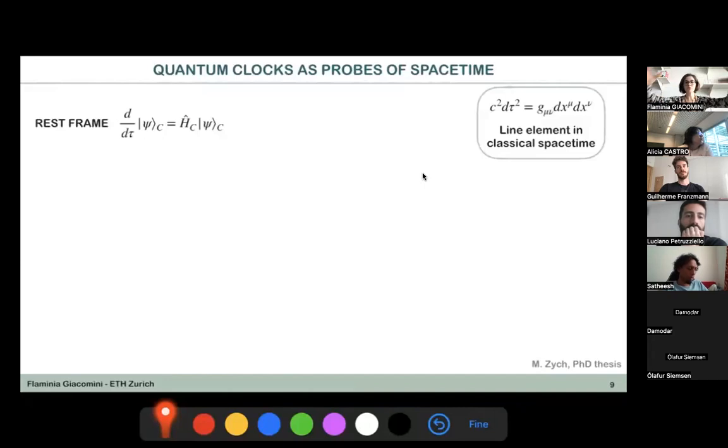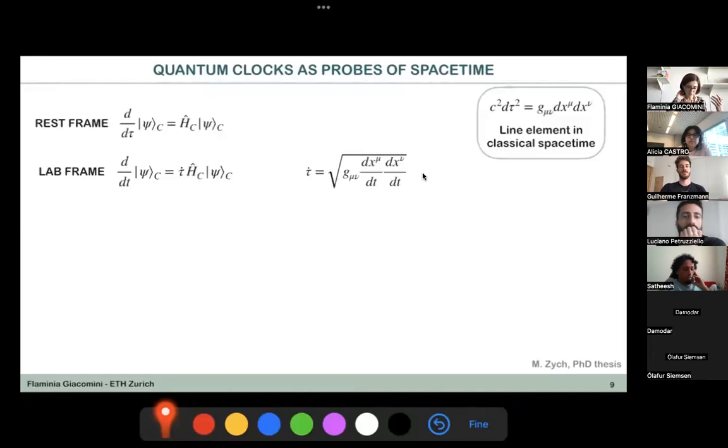Now, imagine that we want to change the reference frame from the rest frame to some laboratory frame, where the clock has external dynamics of its external degrees of freedom. Basically, this means that the clock is moving. The way we do that is to change from the proper time to some other coordinate time, and then we need to multiply the Hamiltonian of the clock by τ dot, the derivative of proper time with respect to the coordinate time that we're picking.